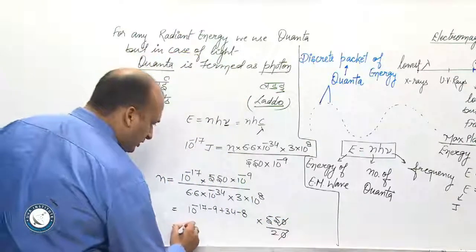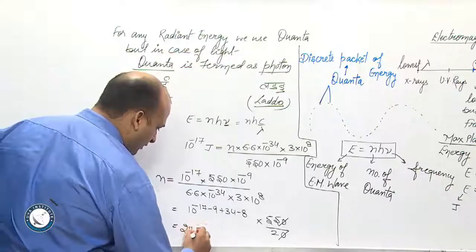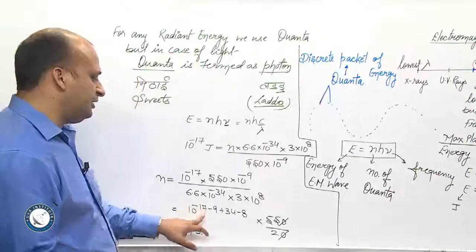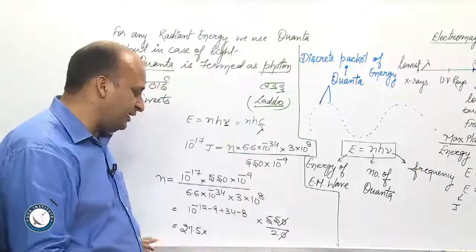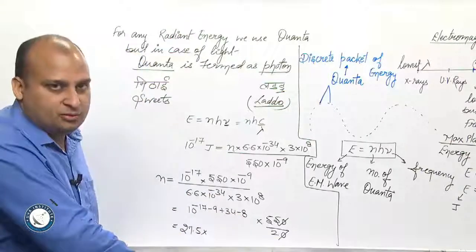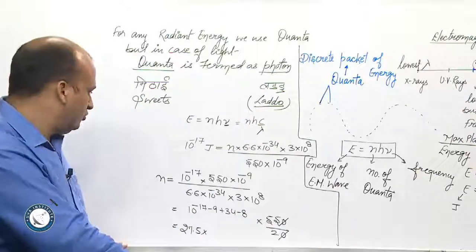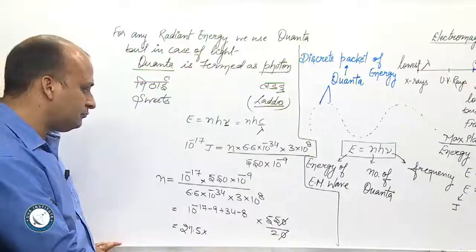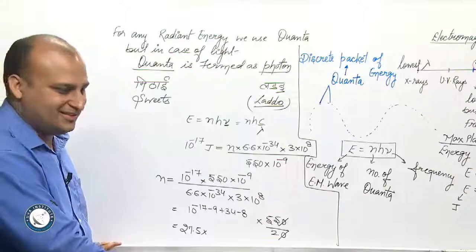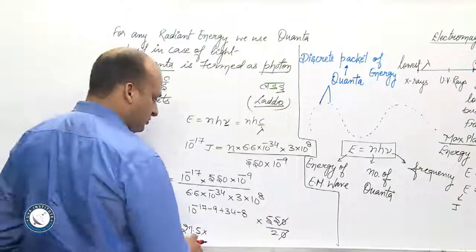So this is 27.5 into, now 17 plus 9 is 26, 26 plus 8 is 34. So we are getting 10 raised to power 0, that is 1.